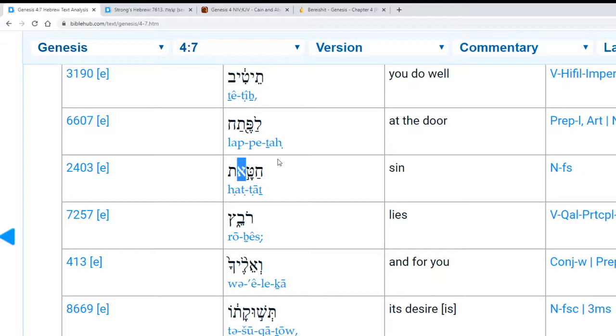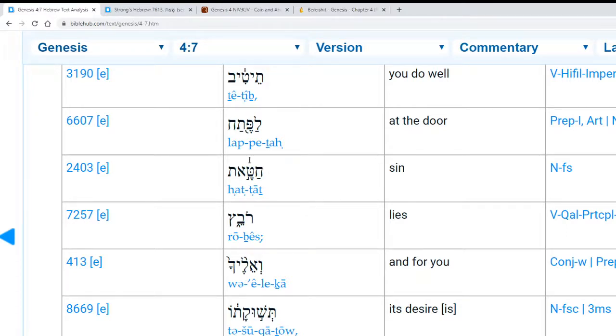So sin, and I know there are lots of commentaries which talk about the word sin as in to miss, and here chatat is this sort of missing, right? Lapetach chatat, right? And it's kind of strange that it has that taf at the end.